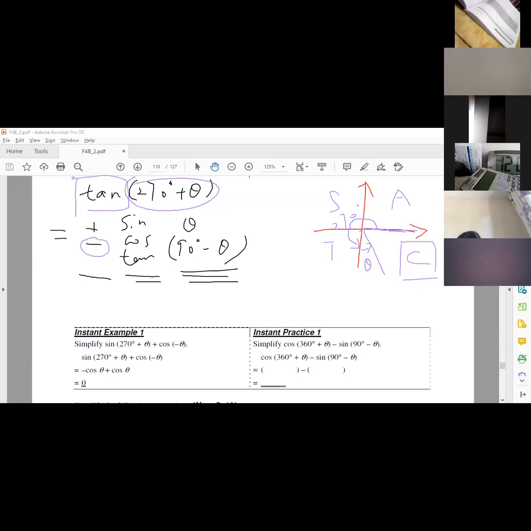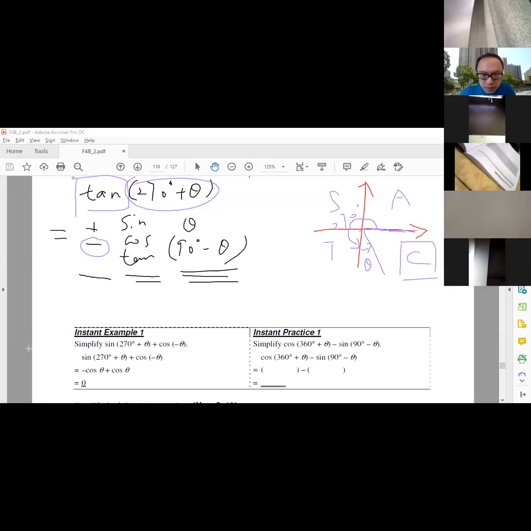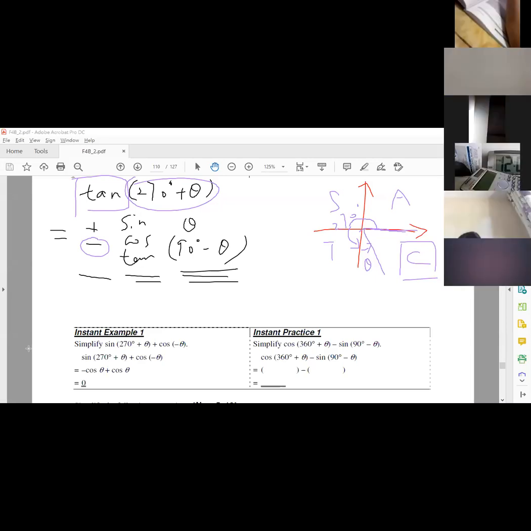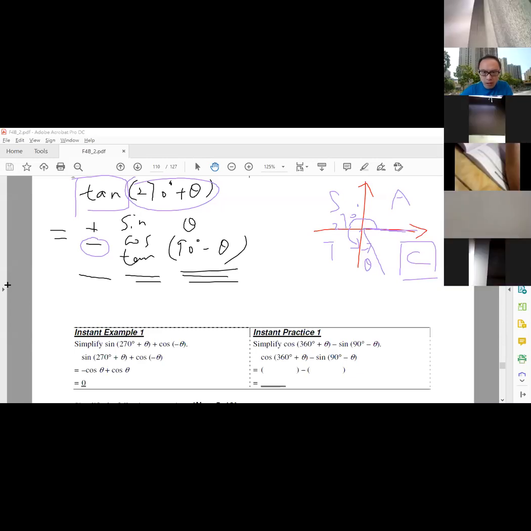I would like to have a response from you. Is there anyone who doesn't get it? If you cannot find the positive or negative sign, please raise your hand. Okay, good. So this is negative, right?